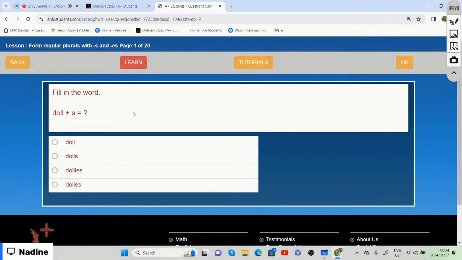So if we fill in the word, doll plus S. If we are looking for the missing word, is our option the first one, which is doll, the second one, which is dolls, dollies, or dollars?